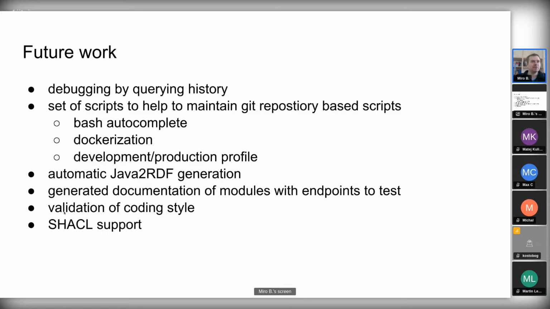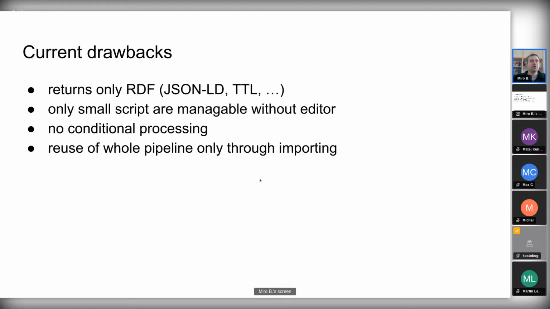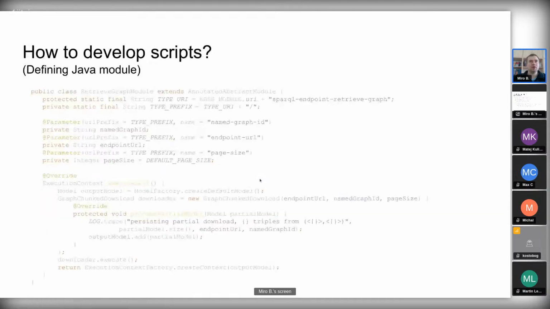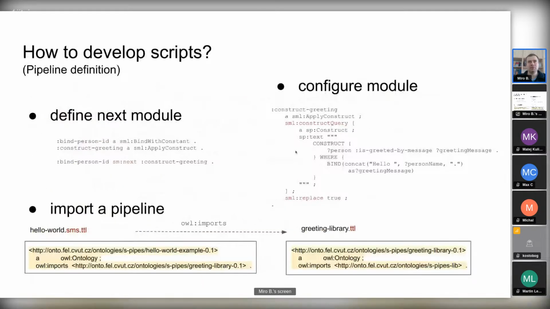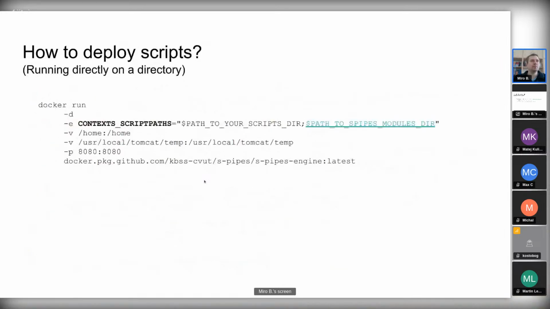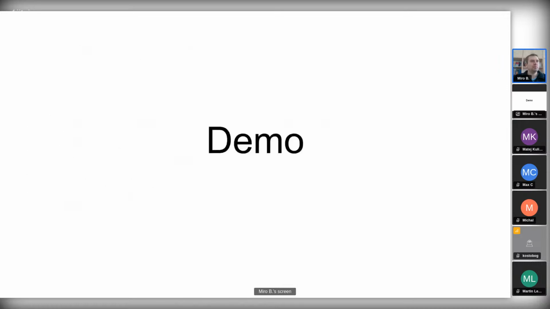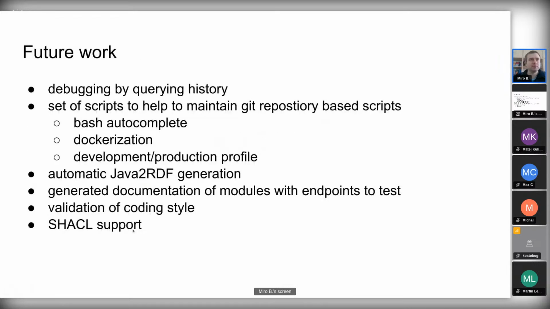Then to provide some validation of coding style, how you are creating those scripts, and then SHACL support. We have SPIN support now, so we are supporting construct, select, and ask queries, but this is not that reusable. For construct queries, for example, it would be nice to even have SHACL support and be able to reuse parts of your queries, constraints, and so on.